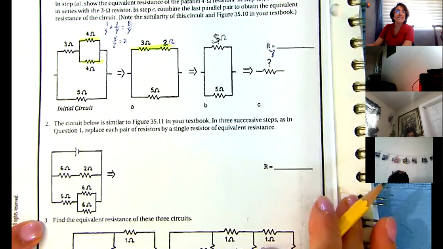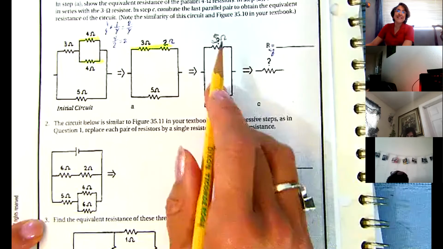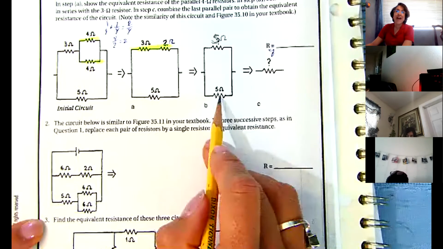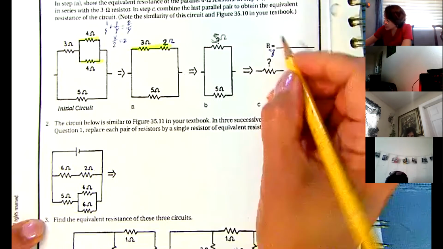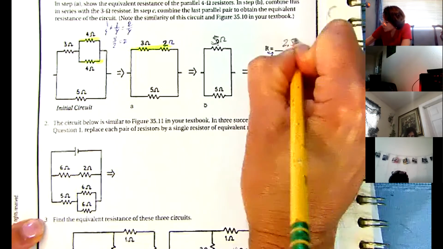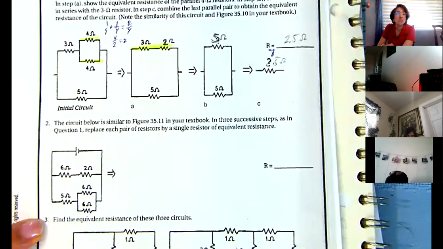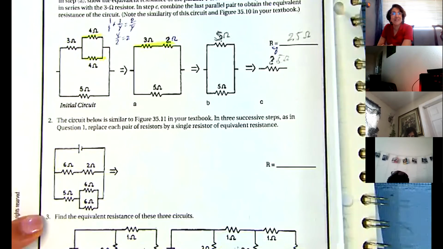Now it's in parallel to the other 5 ohms. So what's the equivalent resistance now? So it should be 2.5. Exactly. Good job. So this would be 2.5 ohms. Now there was no battery. It was just wanting you to analyze that. Okay, muy bien.